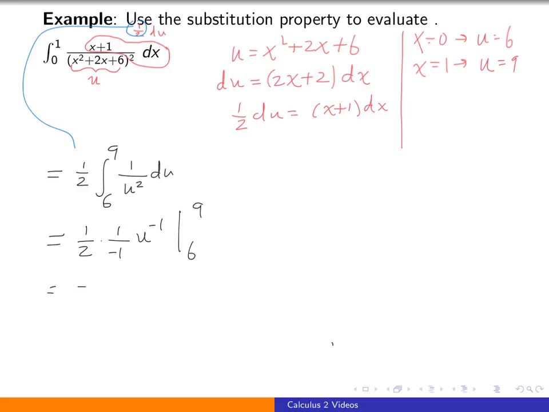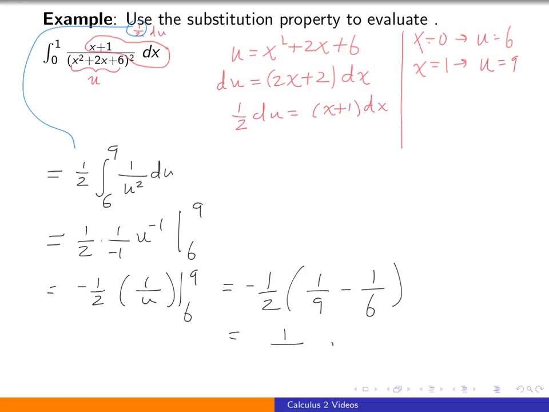So we can say this is minus 1/2 times 1 over u from 6 to 9. We're going to let the minus 1/2 hang around up front, plug in 9, minus sign, plug in 6. And if we simplify this just a bit by combining terms, common denominator 36, we end up with 1 over 36.